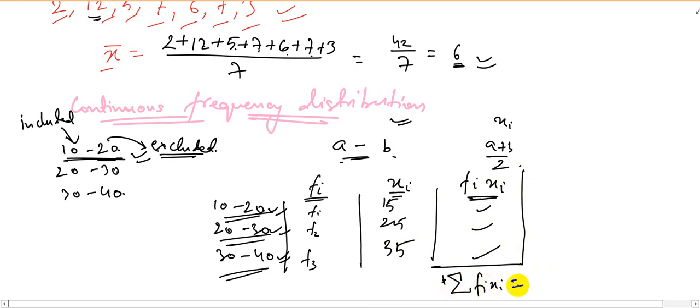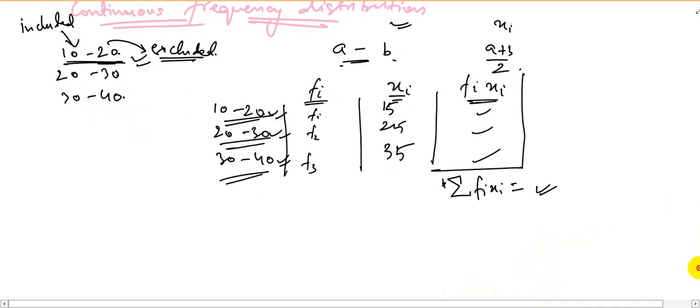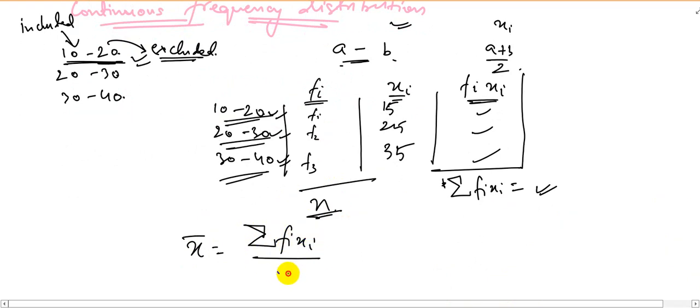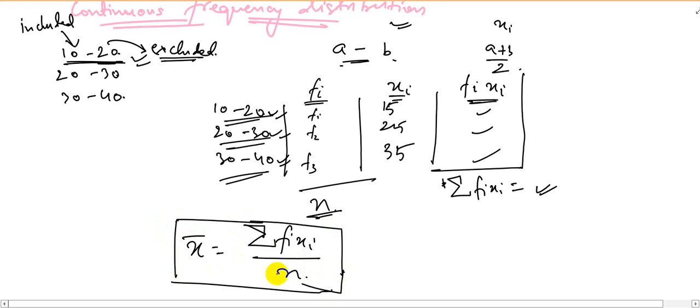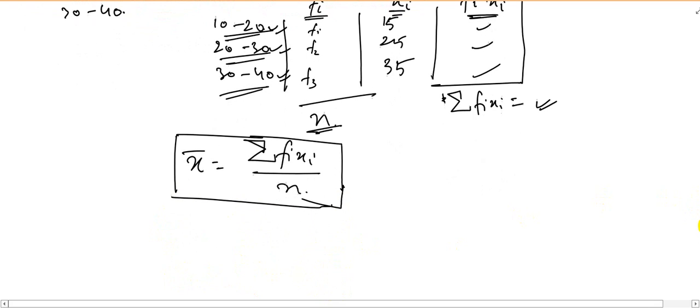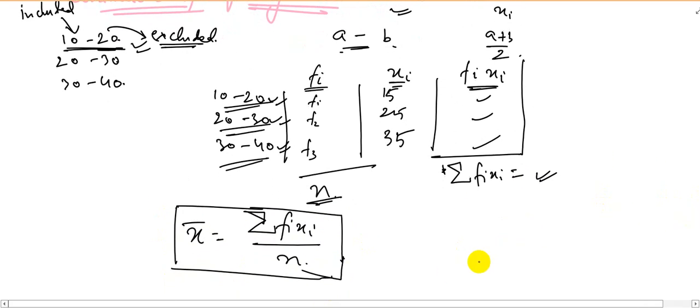The value obtained here is then divided by the total frequency, let us say n. Then the mean becomes sigma of fi xi upon n. So this is the mean if we have a continuous frequency distribution.